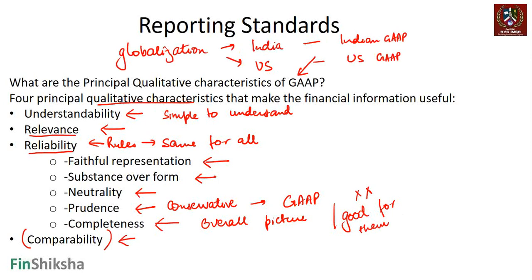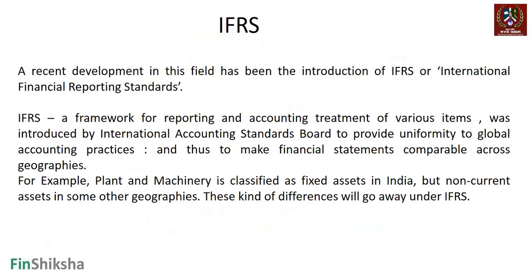It is important, therefore, to adhere to a global set of standards as well, which led to the development of what was called IFRS, right? So, International Financial Reporting Standards. This is a global GAAP in some sense, global generally accepted accounting principles, and some companies have adopted it, some companies have not adopted it at this point of time, right?